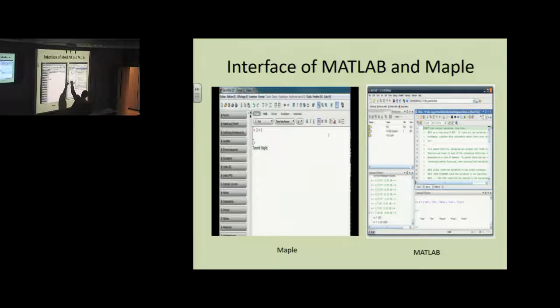Also, there is this, like memory, command memory. Whatever variables we declare in the command window are available. They are visible over here, their nature and their sizes.